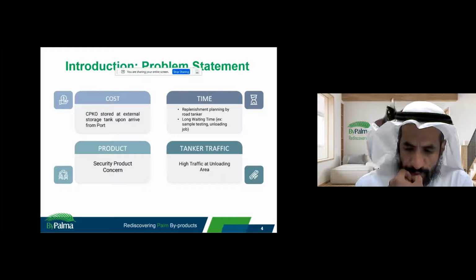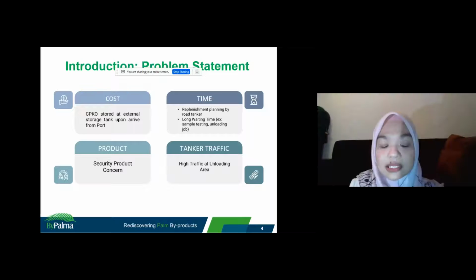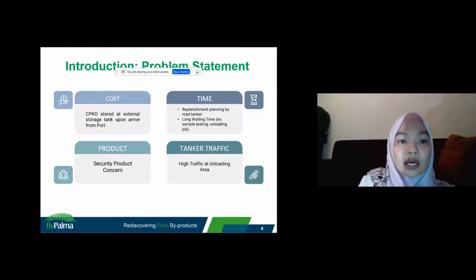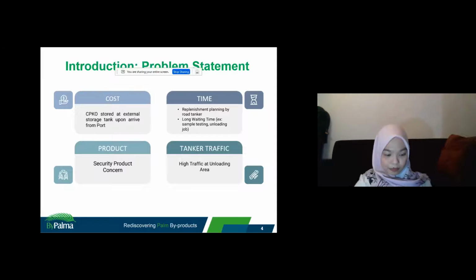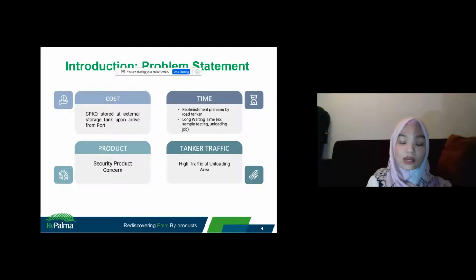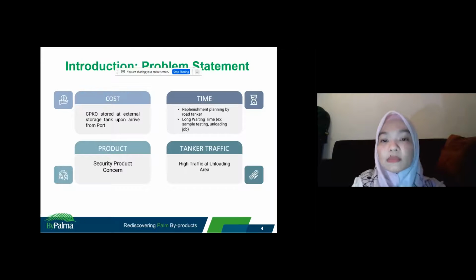This is the problem statement mentioned here. We categorize it into four categories: the cost, the time, product, and the tanker traffic. The cost: normally the CPKO is stored at the external storage tank once arrived from port. And the time: we need to replenish planning by road tanker, and will have a long waiting time for sample testing and unloading job.